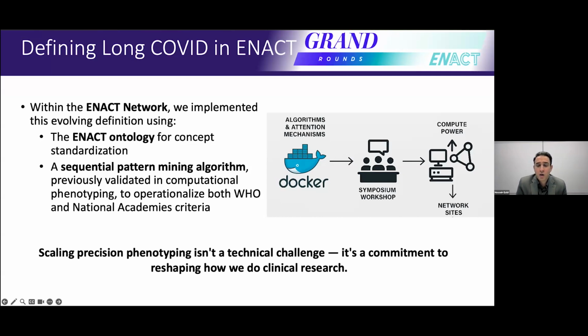We basically packaged the entire thing into a Dockerized environment for easy and reproducible deployment. And we even brought teams to Boston for a hands-on workshop, walking through the setup live. And this is the key, we hit a wall. It was compute power. Most sites just didn't have the infrastructure needed to run the models at full scale.